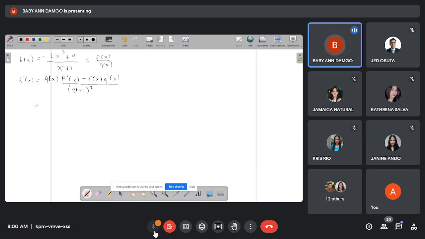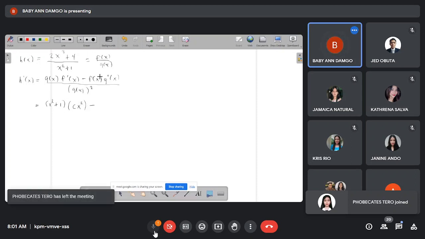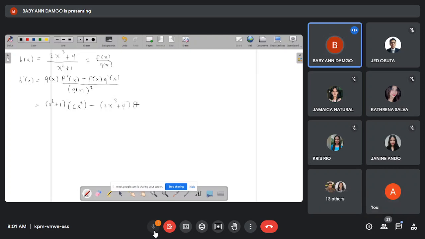Okay? So, copy the g of x, so the denominator, so this is x squared plus 1. And then, get the derivative of f of x. So, ang f of x niyo is the numerator. So, this is 6x squared minus, so copy ang f of x, which is 2x cubed plus 4 times ang derivative sa denominator, which is 2x all over, so your g of x is x squared plus 1, so x squared plus 1 i-power na nyo of 2.